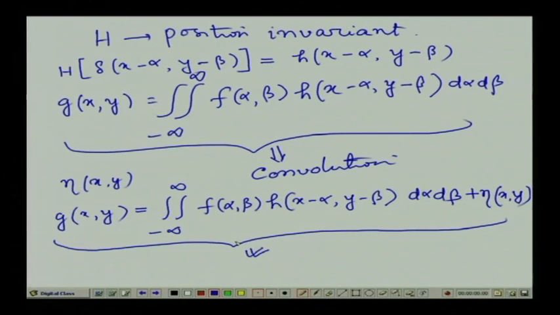That means we can use all those tools of linear system theory to estimate the restored image f(x, y) from a given degraded image g(x, y), provided we have some knowledge of the degradation function h(x, y) and of the noise function eta(x, y).